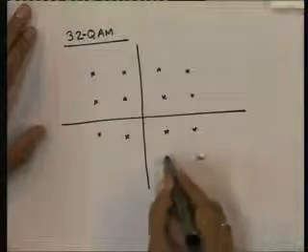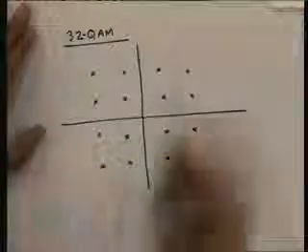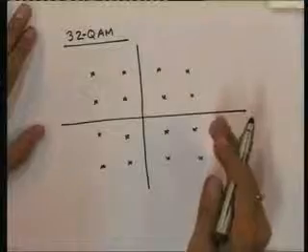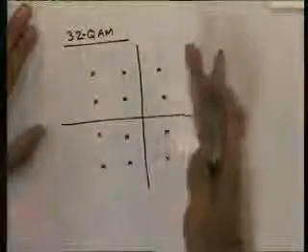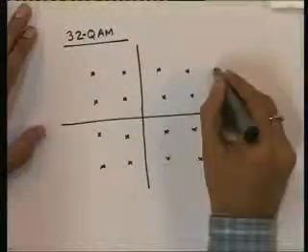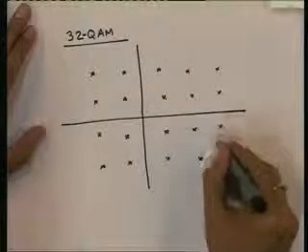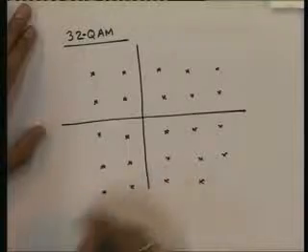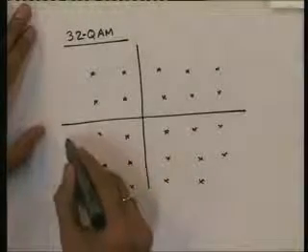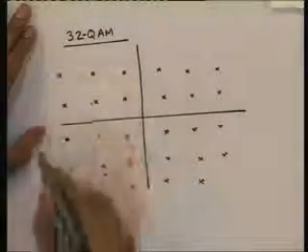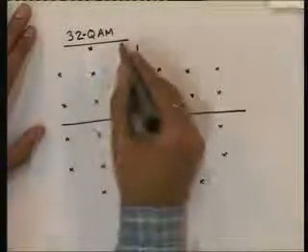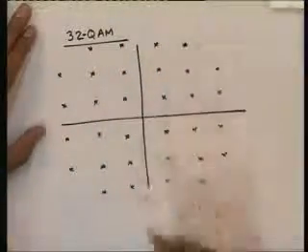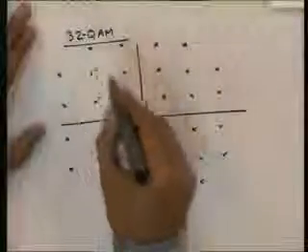Then we want to add 16 more points. So we add 4 points on each side. Then on this side 4 points. Then on this side 4 points. Then on that side 4 points. This is the 32 QAM constellation.